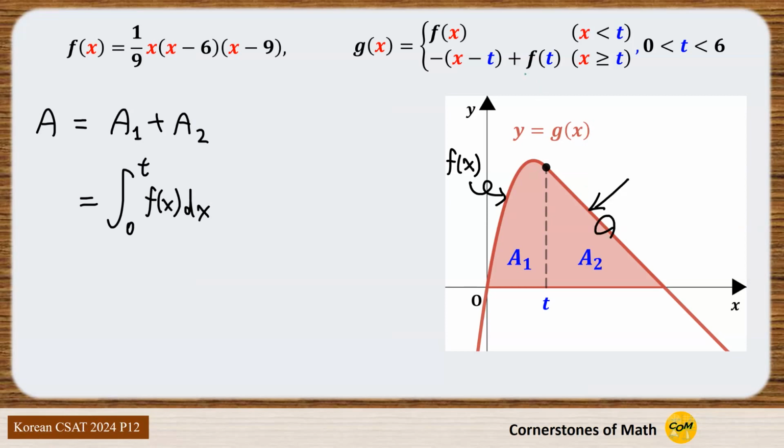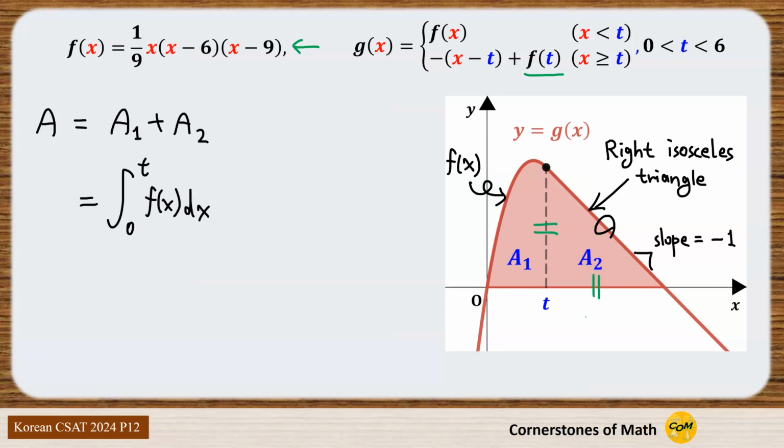But instead of substituting this f(t) with the polynomial expression and integrating it, let us use the fact that the shape of this region is a right triangle. More precisely, the right isosceles triangle, because the slope of this line is minus 1. So these 2 lengths are equal.